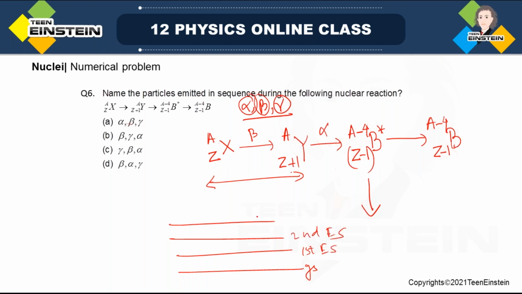Various energy levels are there for atoms to stay. This is what we have already learned for hydrogen atom, various energy levels we have already discussed for hydrogen or hydrogen-like atoms on the basis of Bohr's postulates.